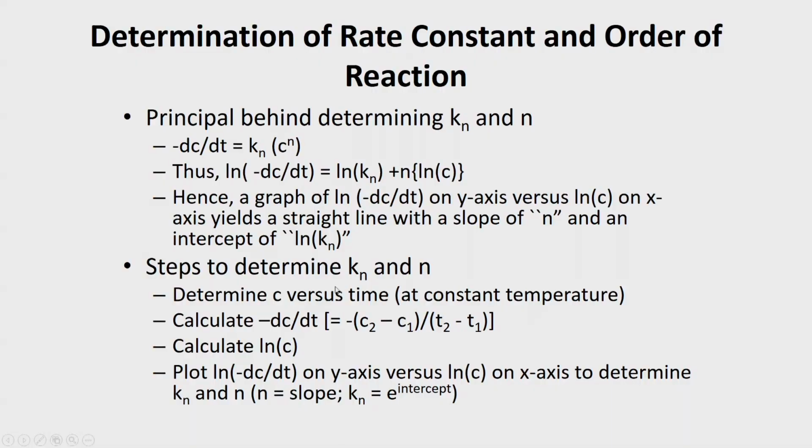So, this is what was discussed here, the principle behind determining Kn and n. Whatever we discussed is given in the slide to get you familiarized with the technique of how to determine Kn as well as n, which is the order of reaction, when you do not know it early, right.